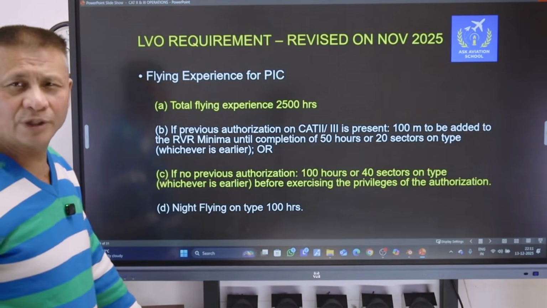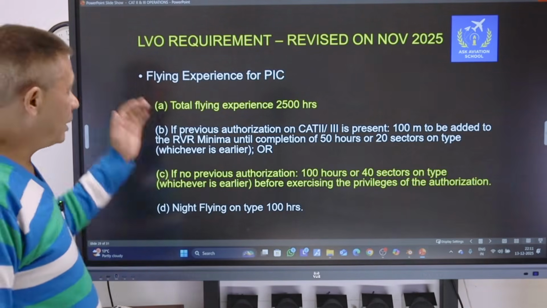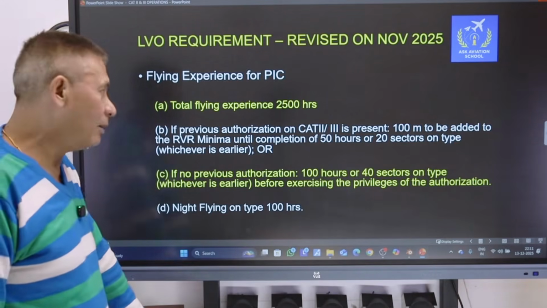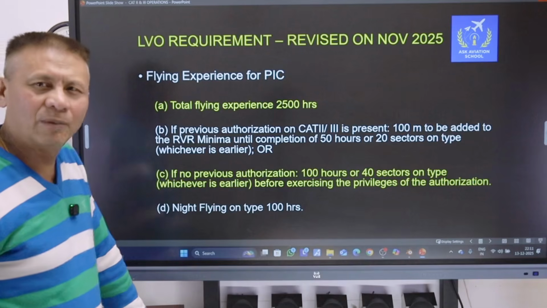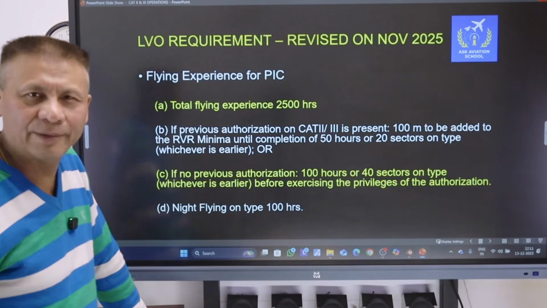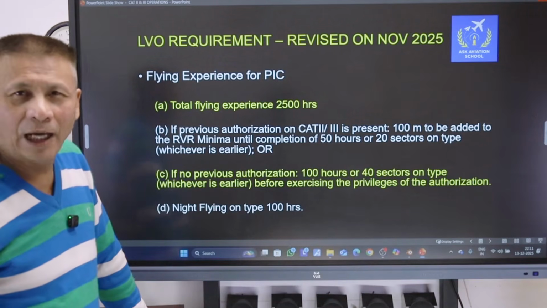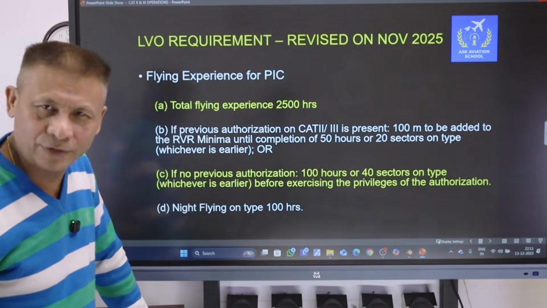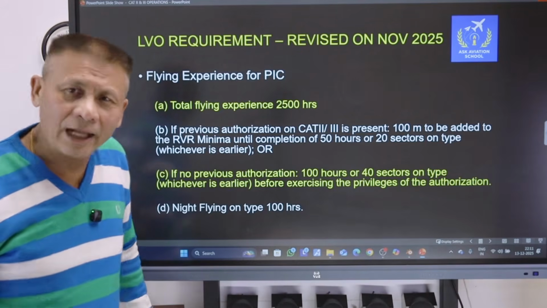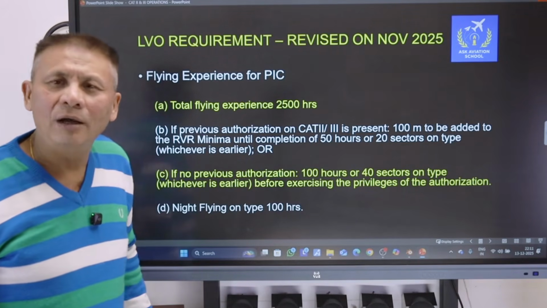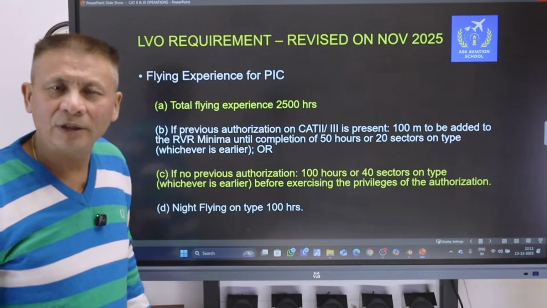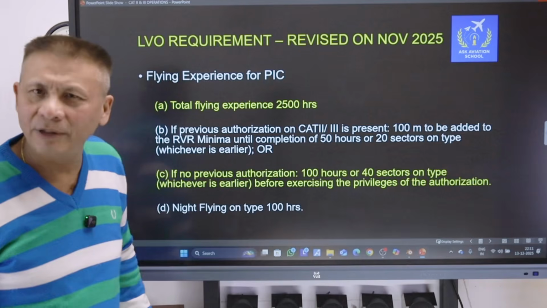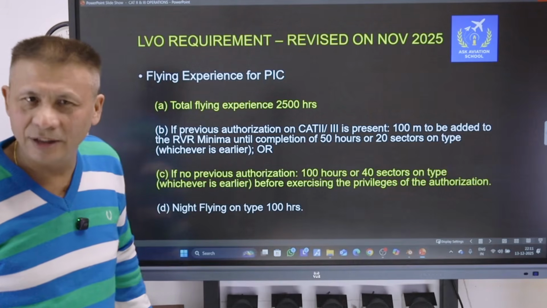The recent change which I mentioned is primarily on this particular page, wherein for pilot in command certification, the number of hours required is 2,500 hours. If you already have an authorization for category 2 and 3 operations, then you must add 100 meters to the prescribed minima until you complete 50 hours or 20 sectors on that particular type of aircraft, whichever is earlier.